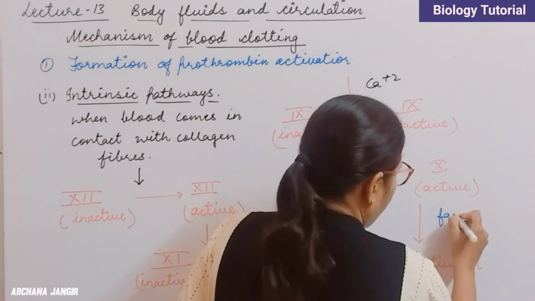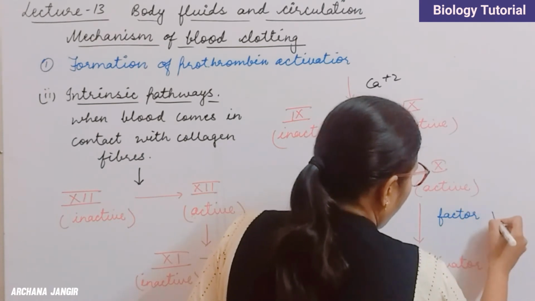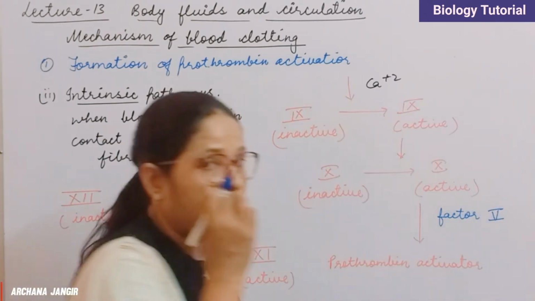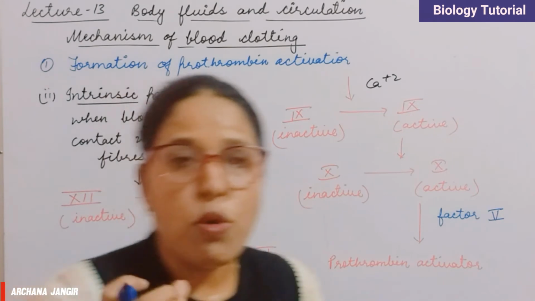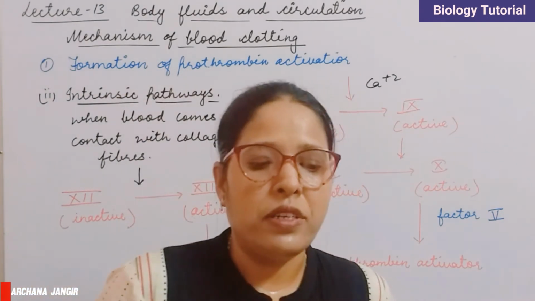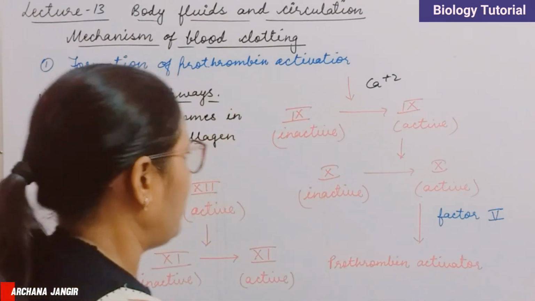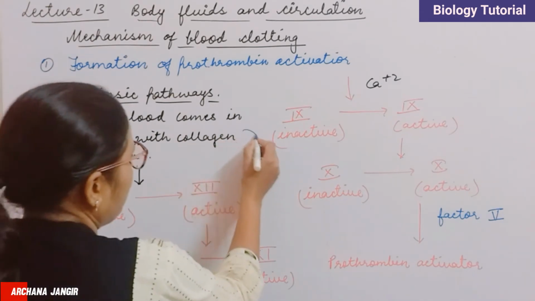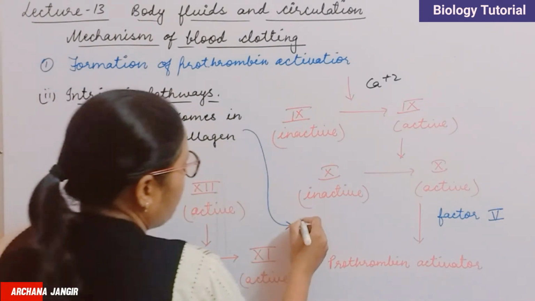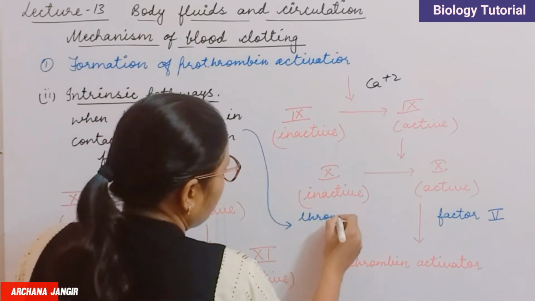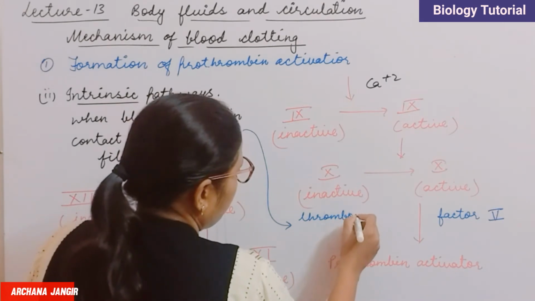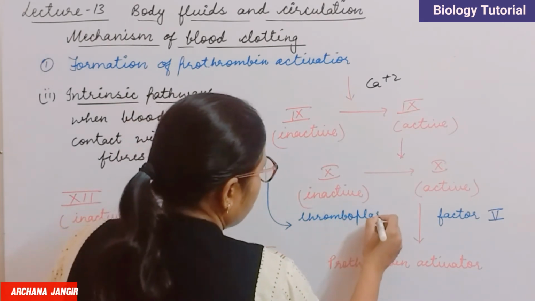Here is factor 5 and one more thing. One more thing is thromboplastin and phospholipids from the platelets. From the injured blood vessels, thromboplastin is released.